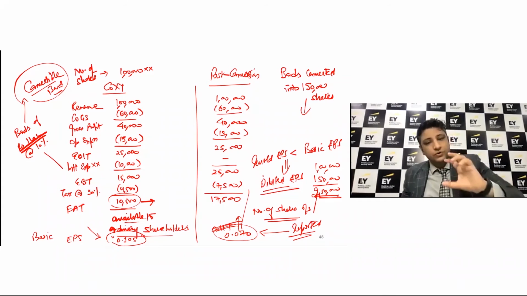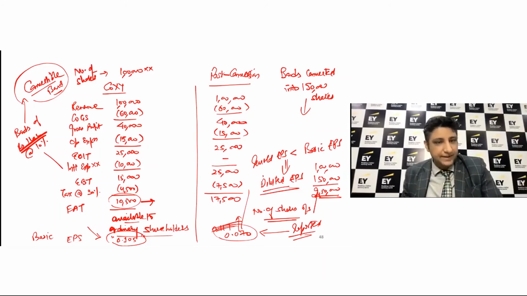So you in any case report the basic EPS, but you are now also required to report the diluted EPS on the face of your profit and loss account. That's the reason why we need to understand the consequences.